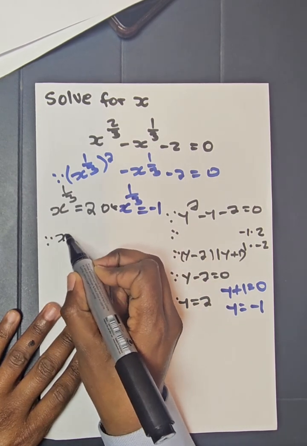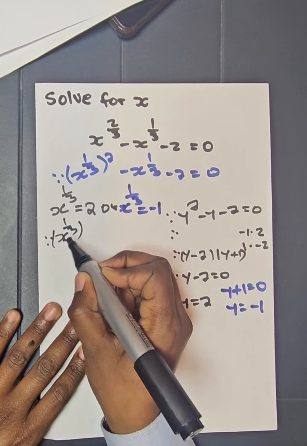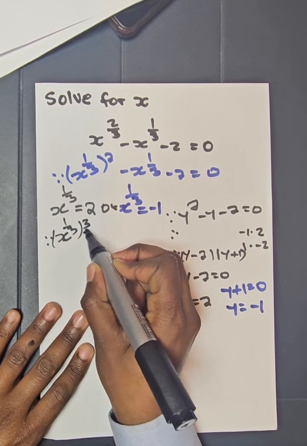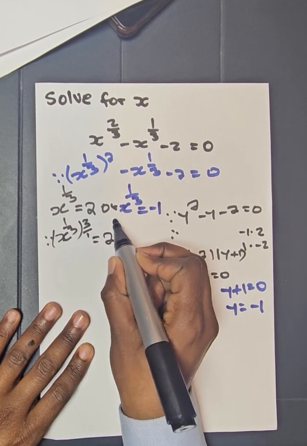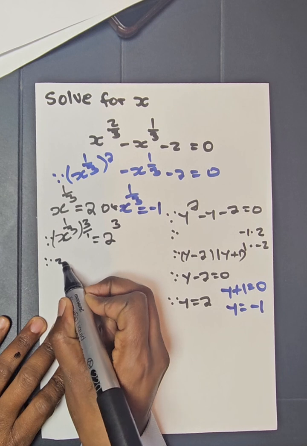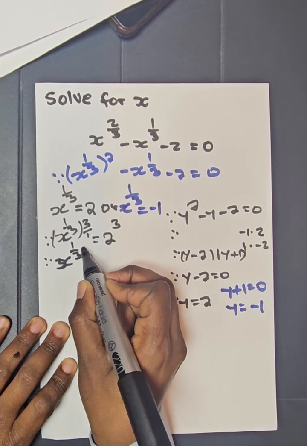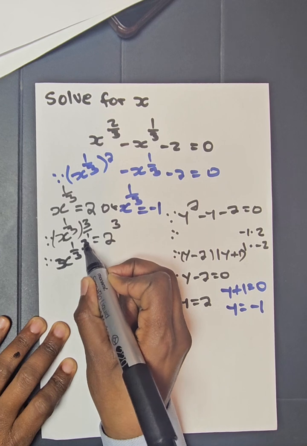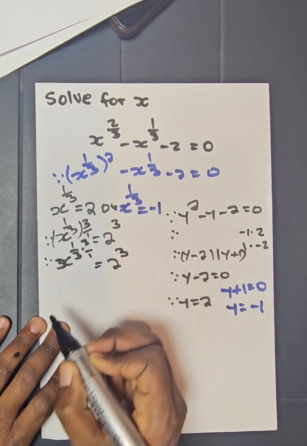So we say x raised to the power of 1 over 3, in brackets, raised to 3 over 1 equals 2 to the power of 3, which simplifies to x to the power of 1 over 3 times 3 over 1 equals 2 to the power of 3.